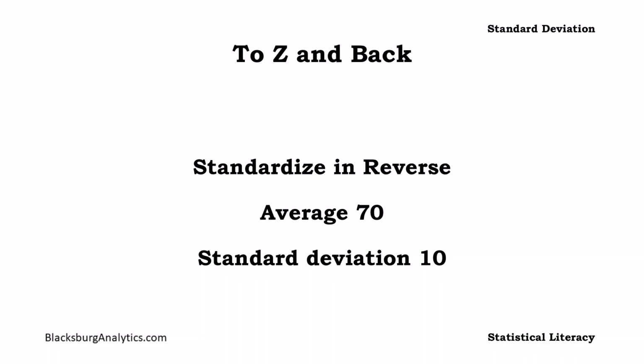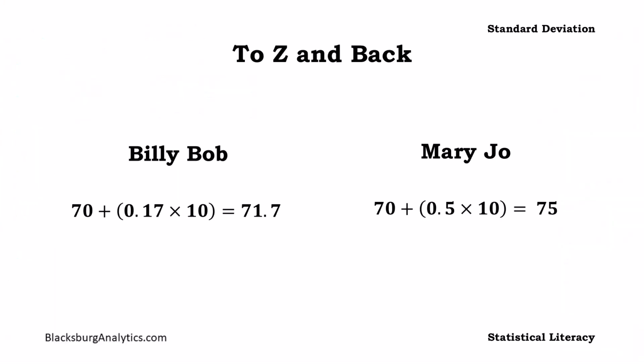Suppose the chemistry teachers want to put all the classes on the same scale so they can assign grades. All scores are to be standardized to an average of 70 with standard deviation 10. Billy Bob's z-score was 0.17.